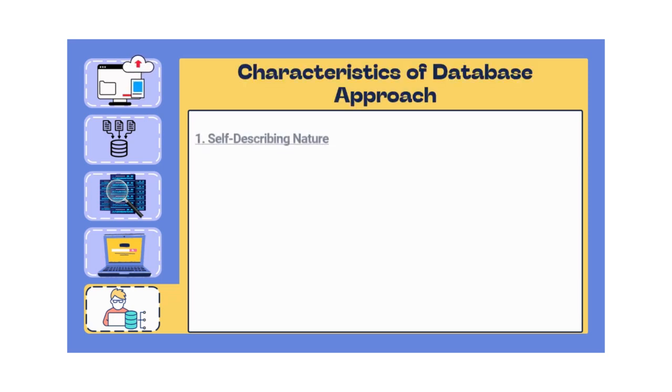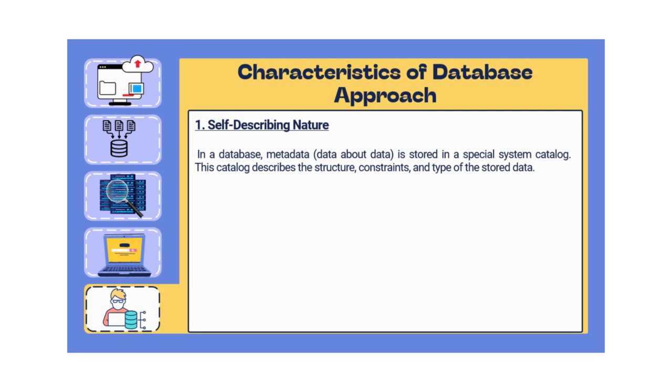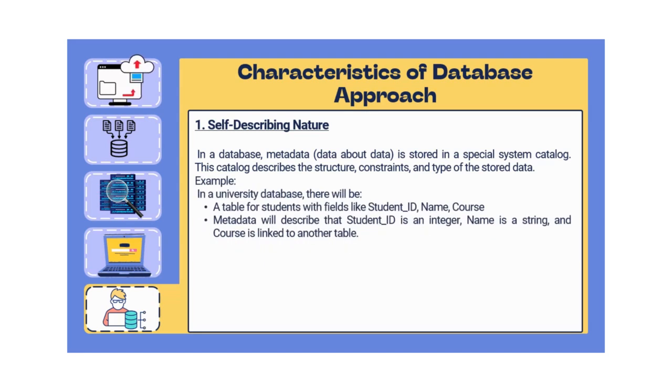As we were discussing the characteristics of database approach, the first one is self-describing nature. It means in a database, metadata is stored in a special system catalog. This catalog describes the structure, constraints, and the type of the stored data.